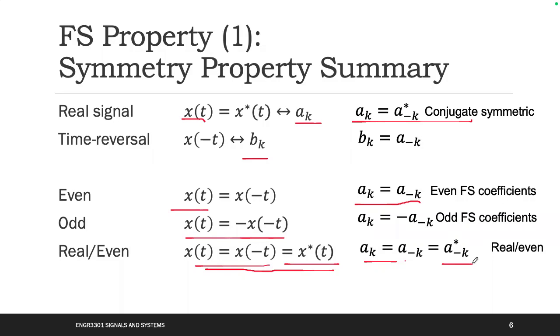If this one equals this one, a_k equals a_{-k}, which means it will be a real number.